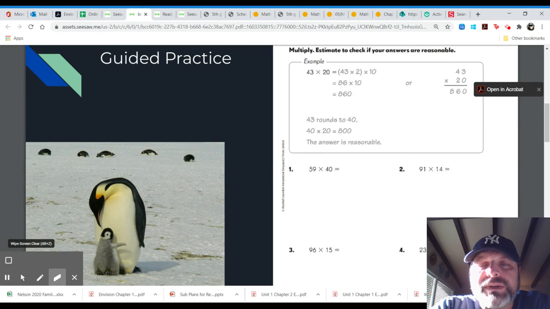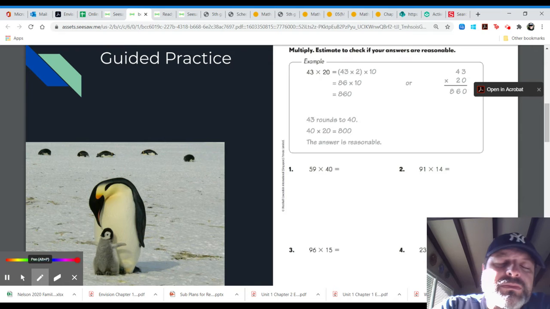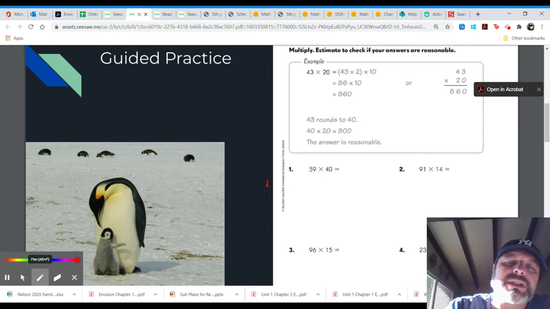There's also another way to do this number, and it's when you make an array, but it's the area model. Any of you guys do area model last year multiplying? Some people did? Okay. Yeah, I did. Okay, so area model, you can break this number up into a couple of numbers, just like I showed you.